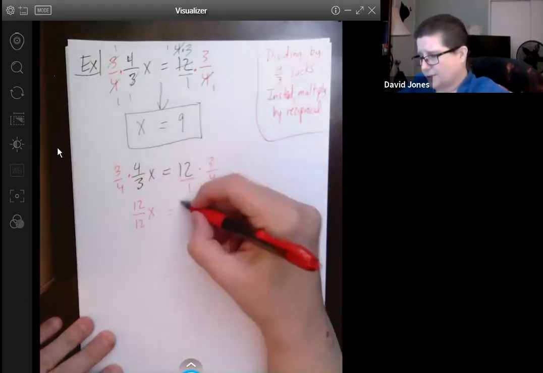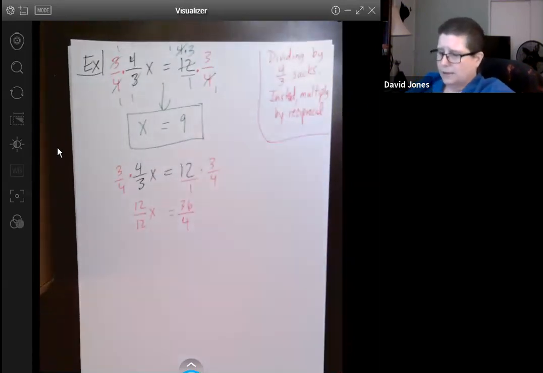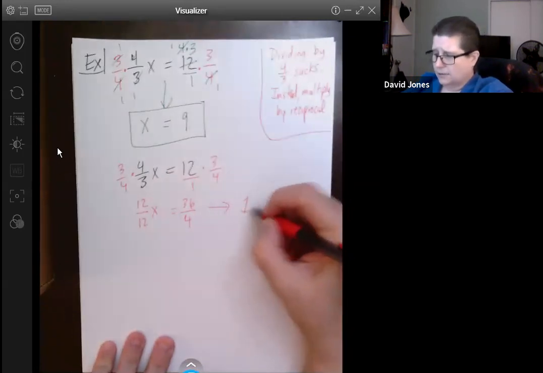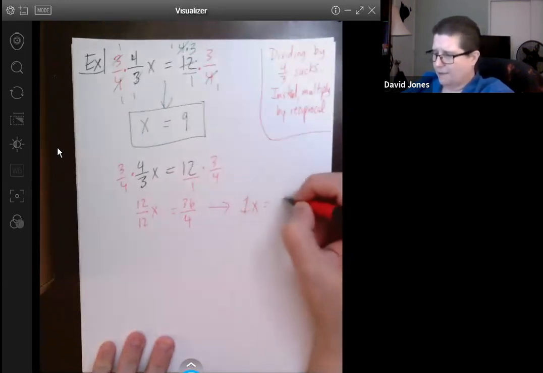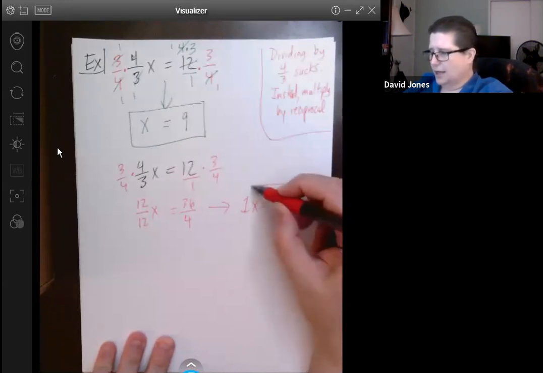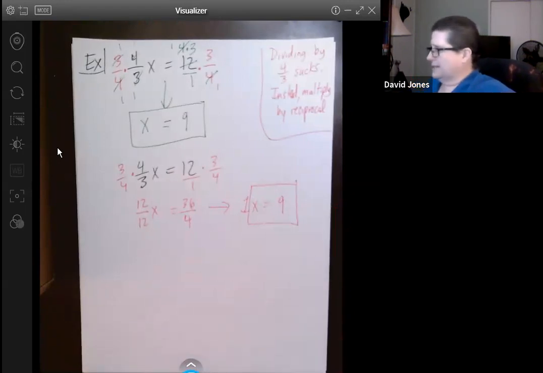And then 12 times 3 is 36. 1 times 4 is 4. And now 12 divided by 12 is 1. And 36 divided by 4 is 9. Again, we don't need the 1, because 1 of anything is just that object, so x equals 9.